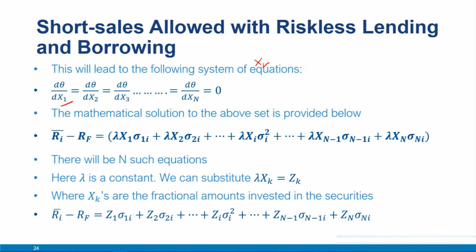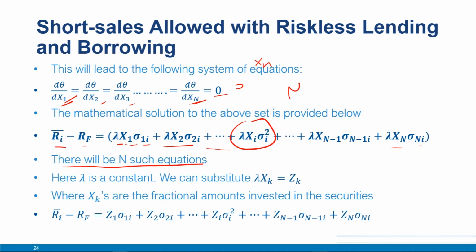Earlier we were looking at only xk, but xk would take values 1, 2, 3 and up till n, and all of them will be put together equal to 0. So we have a broad system of equations corresponding to each of the k, and it will appear like Ri bar minus Rf equal to lambda times x1 sigma 1i and so on up till lambda times xn sigma ni. All the terms are covariance terms, only one term is the variance term. That is important to note.